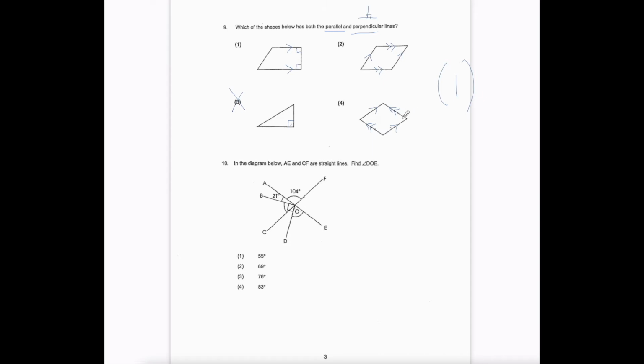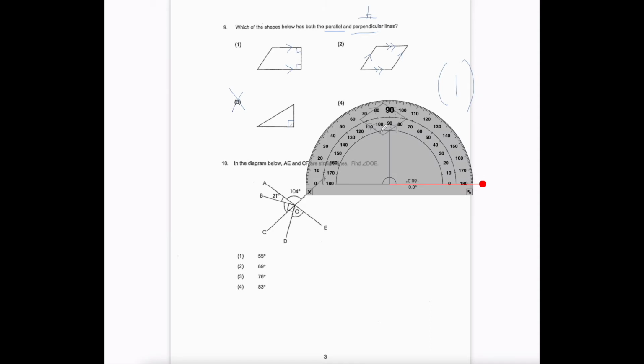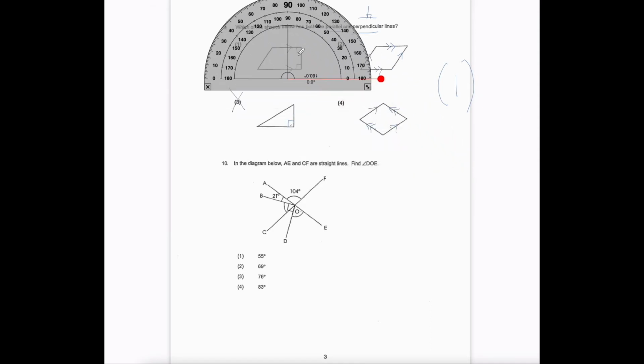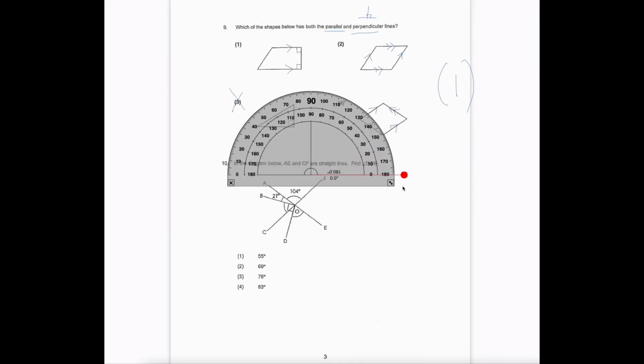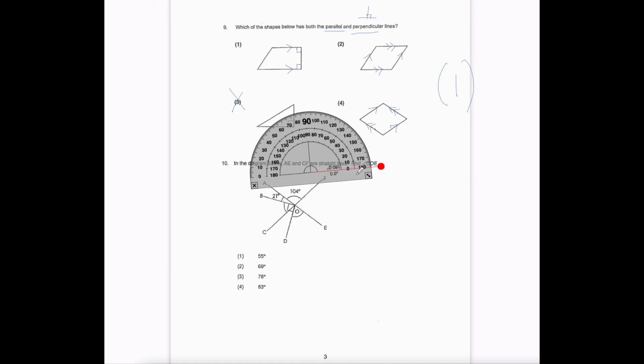Okay, I'm gonna use a protractor to show you how a right angle looks like, for those who do not know. So this is a protractor, and I'm gonna try and show it to you.